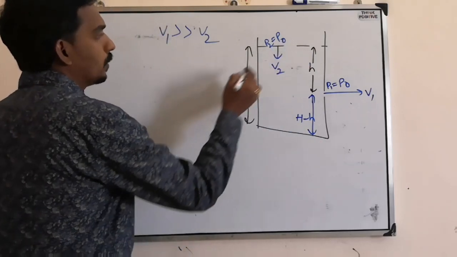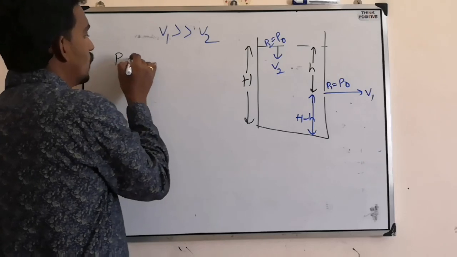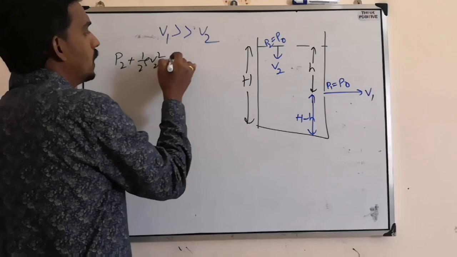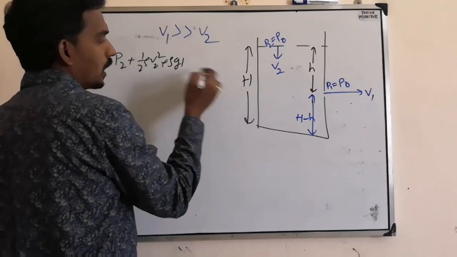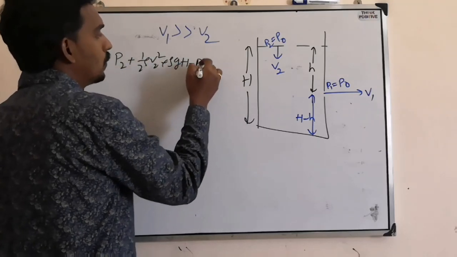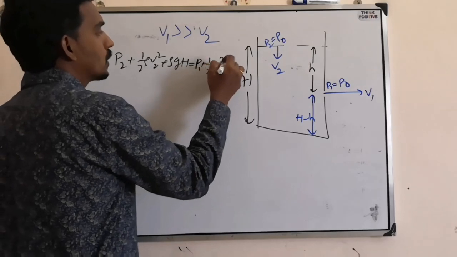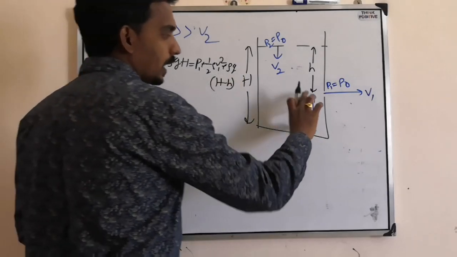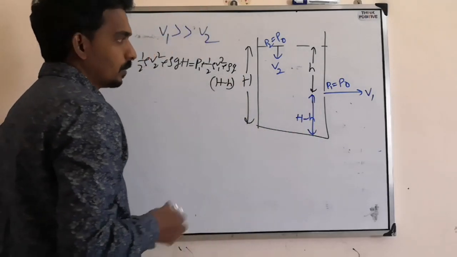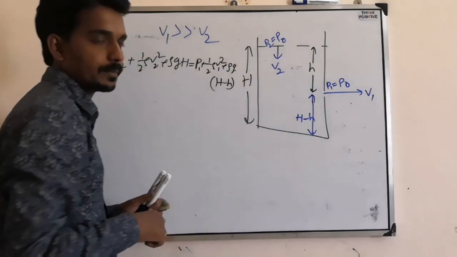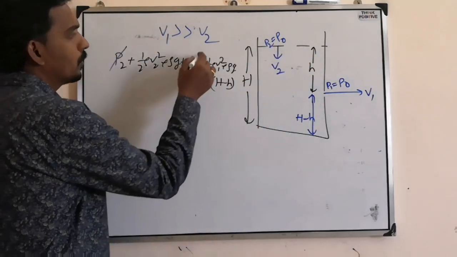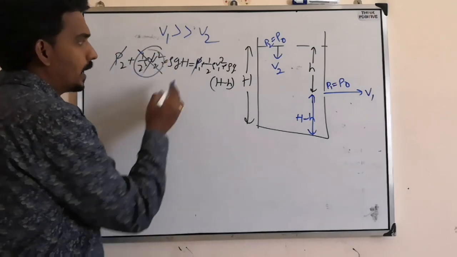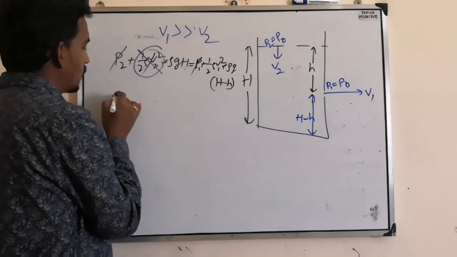So the equation will become P2 plus half rho V2 square plus rho g capital H equal to P1 plus half rho V1 square plus rho g times H minus h, because the height is H minus h. Now P2, P1 cancel because both are P0, and V2 term is neglected.